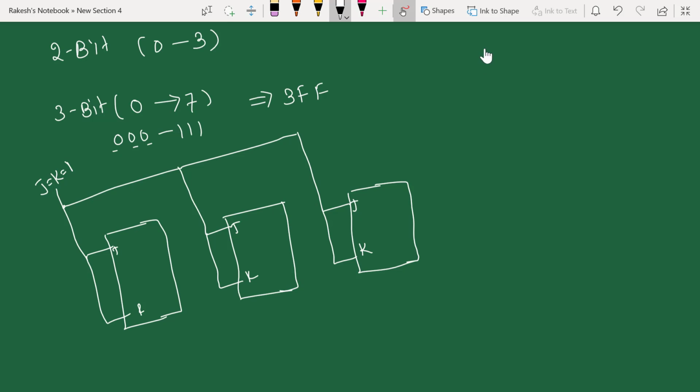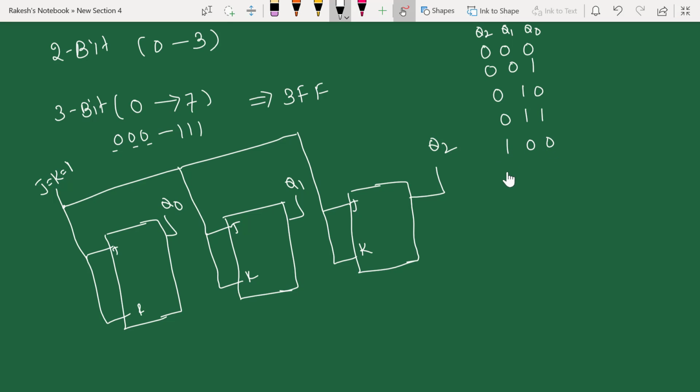Now we'll start the counting sequence. It will start with all zeros. Let us assume this is your Q0 flip-flop output, this is Q1, and this is your Q2. So this is my Q2, this is my Q1, and this is my Q0. It starts from 0 0 0, then 0 0 1, 0 1 0, 0 1 1, then 1 0 0, 1 0 1, 1 1 0, and all ones.